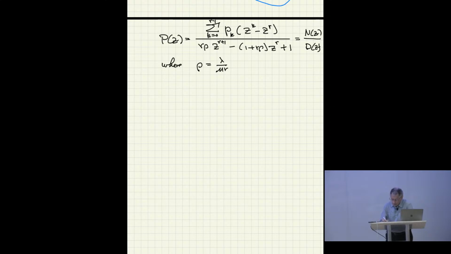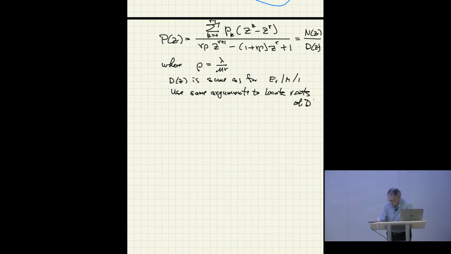So let's say this. D of z is the same as for ERM1. So use the same arguments to locate the roots of d of z. And what is the answer? We know the answer.